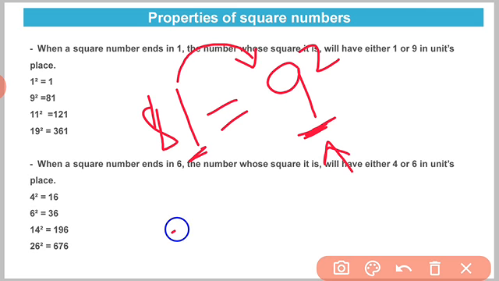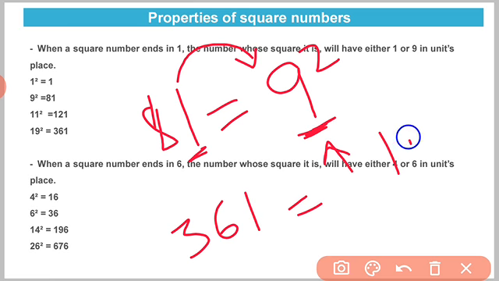Similarly, 361 is a square of 19. 361 is a square number and it is ending with digit 1 and it is the square of 19, and in 19, 9 is appearing at units place.